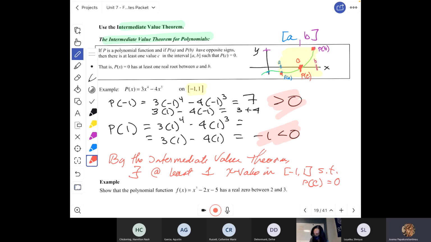And I should technically write x value c in that interval. So do you see how I can say that?